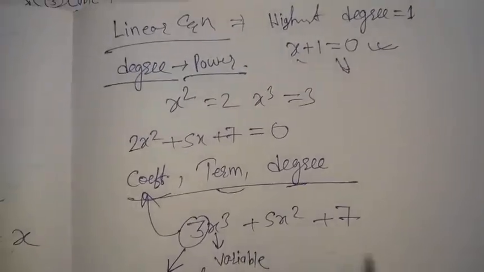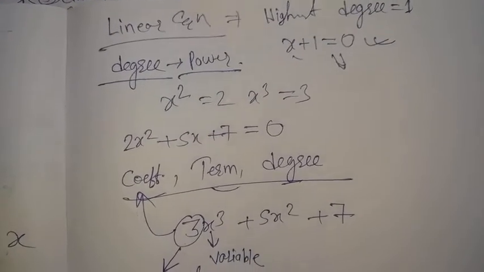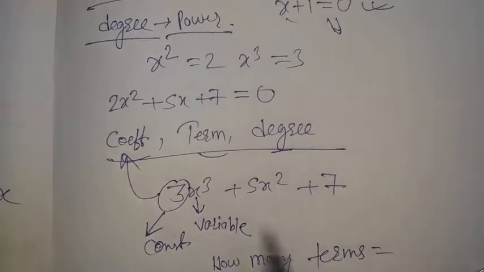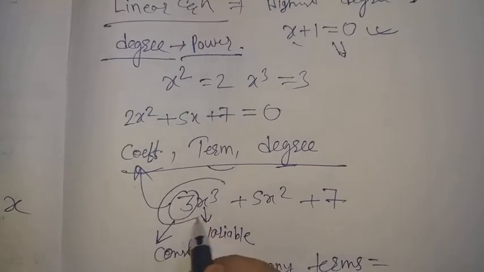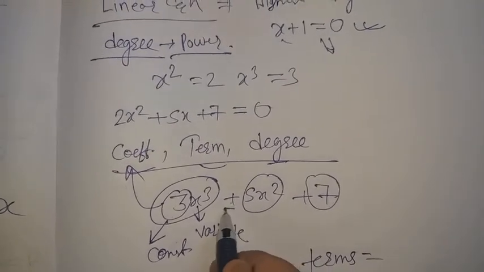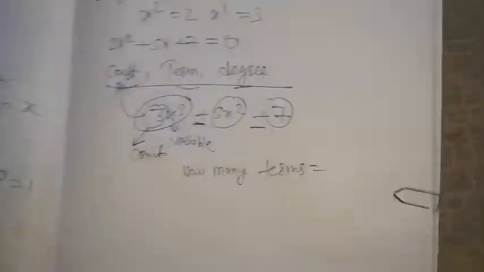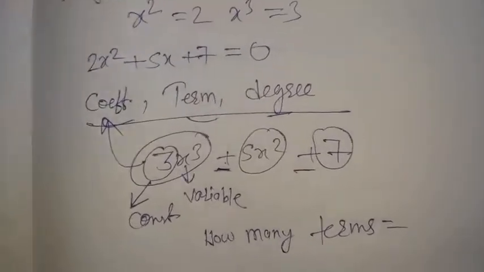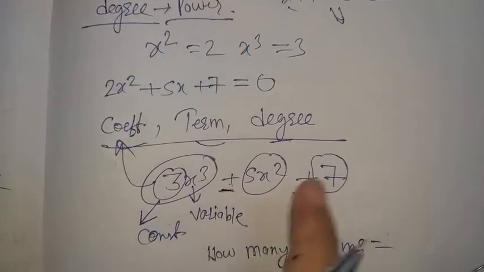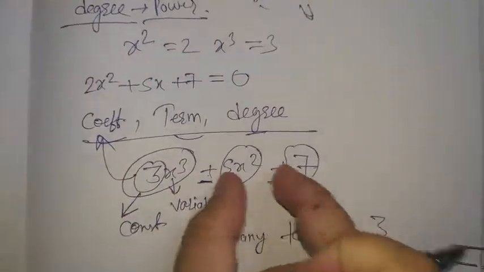If someone asks how many terms are in this expression, terms are basically separated by the operators plus and minus. So there are 3 terms here: this term, this term, this term.